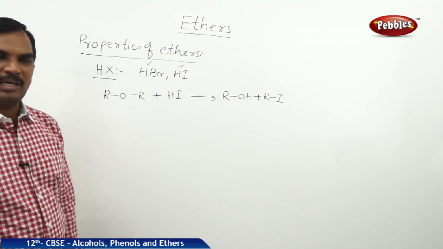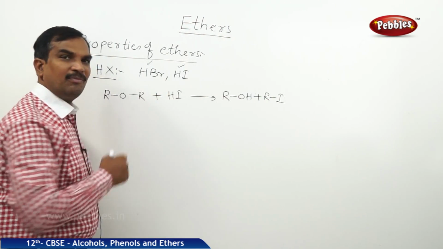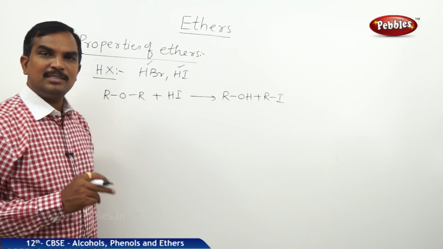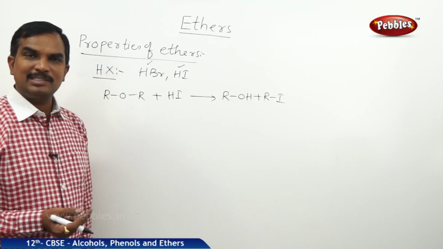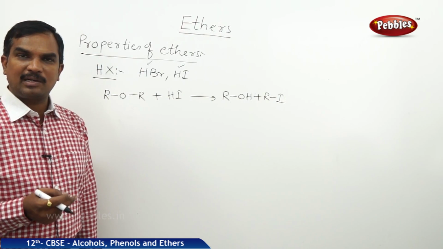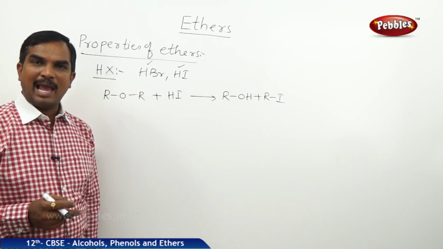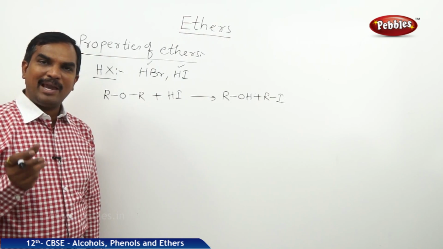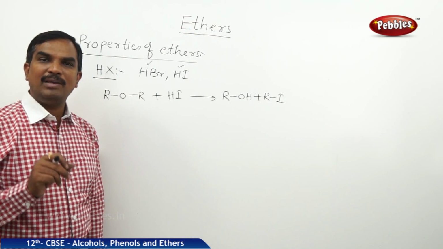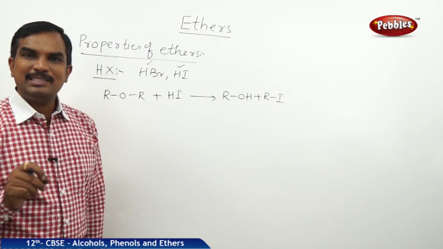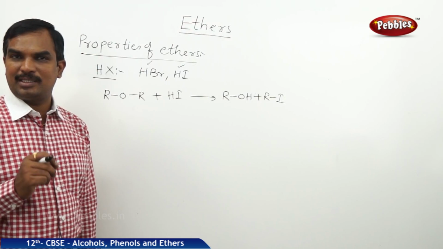In this reaction, H plus and I minus will be formed, and I minus is a good nucleophile, because it has an electron pair that can be given to electron pair acceptors. So whenever I minus attacks, it will always attack the alkyl group which is less substituted.